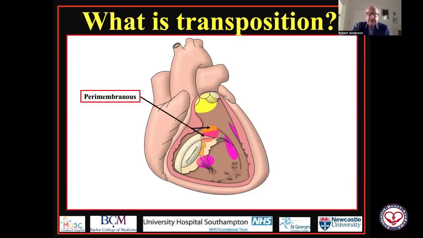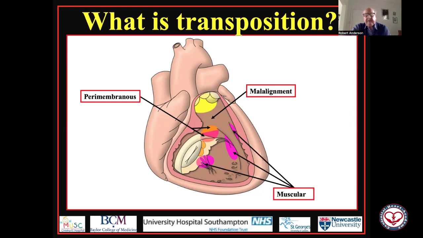So, Diane has shown you an example in which the ventricular septal defect was perimembranous. And many times when you have such perimembranous ventricular septal defects, there is malalignment of the muscular outlet septum, although that was not an obvious feature in the heart that Diane showed you.